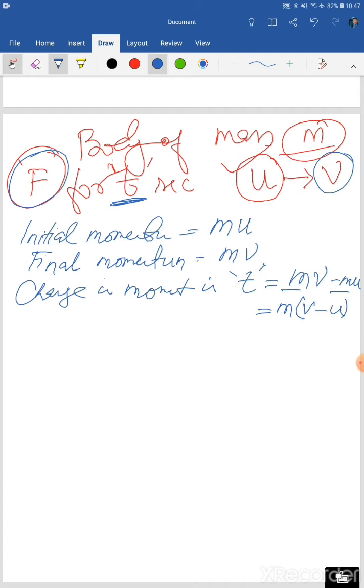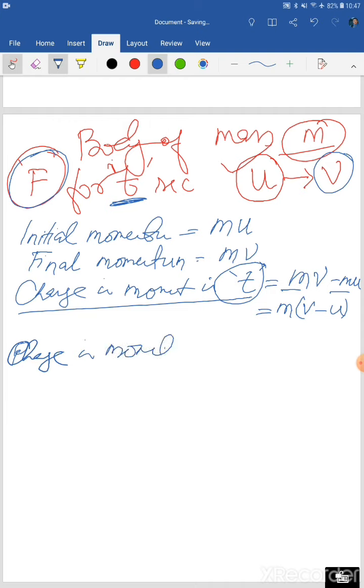So this was the change in momentum in t seconds. Now if I calculate the change in momentum in 1 second, then I'll get m(v minus u) by t. Are you getting my point? Did you understand here? Yes? Clear?